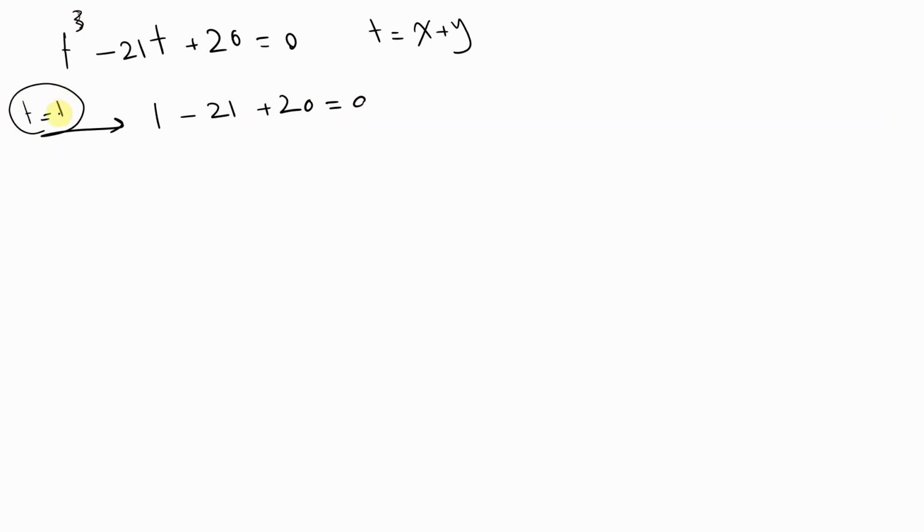In order to calculate this, we can use division. T cubed minus 21 times t plus 20, you can divide this by t minus 1, just moving 1 to the left hand side. Its residue of this division is absolutely 0, because 1 is one of the roots of this equation.